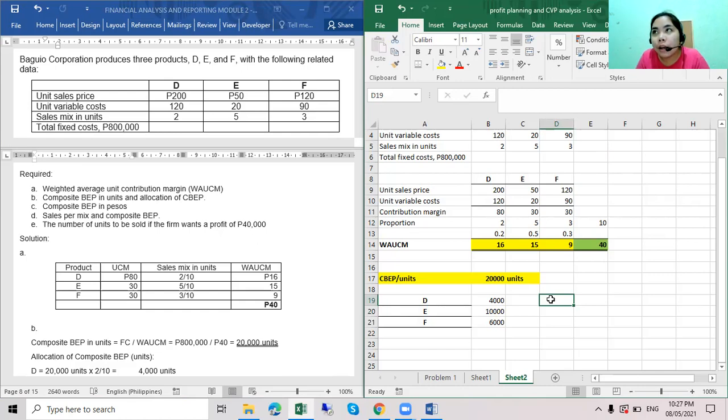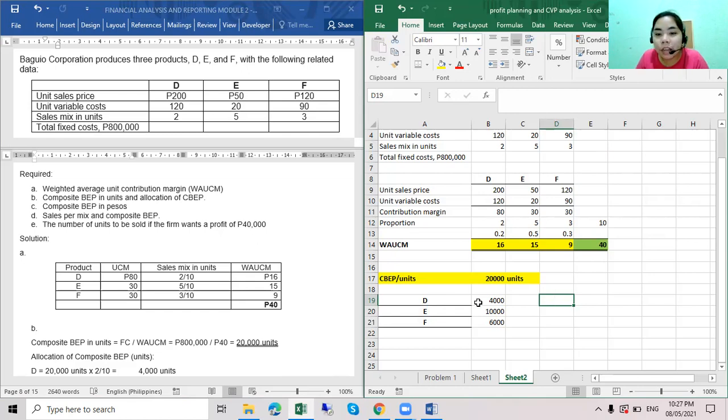So, ang buot niya silingon sini sang allocation sang break-even point in units is pila ka units ibaligya mo kay D, pila ka units ibaligya mo kay E, kag pila ka units ibaligya mo kay F. I-total mo na sila nga tatlo, that's 20,000, you are in break-even.